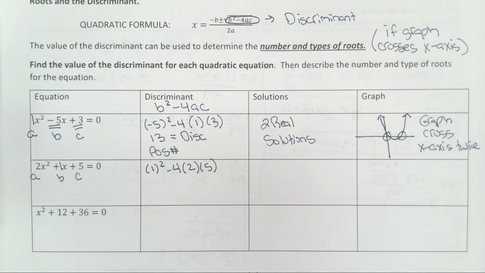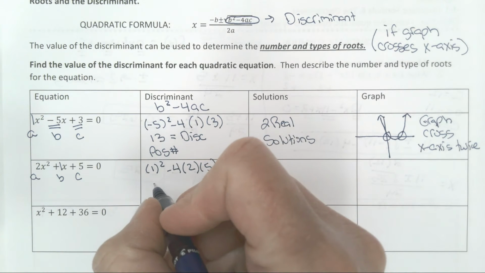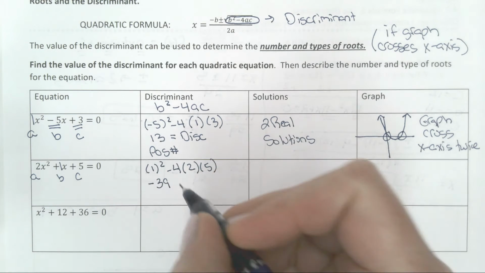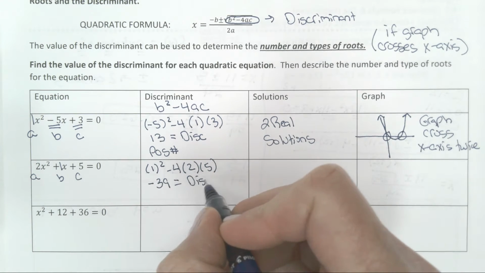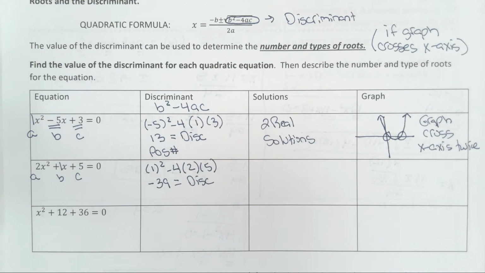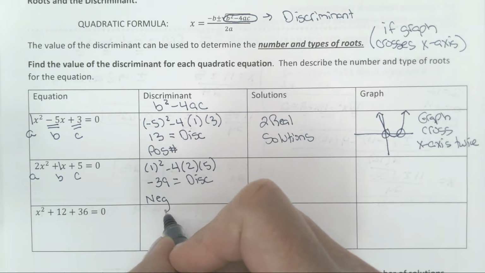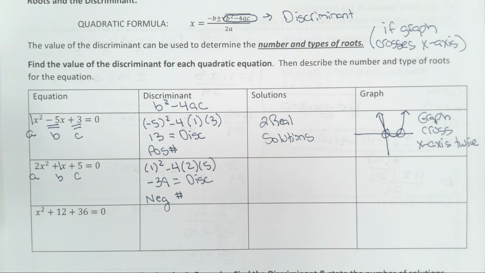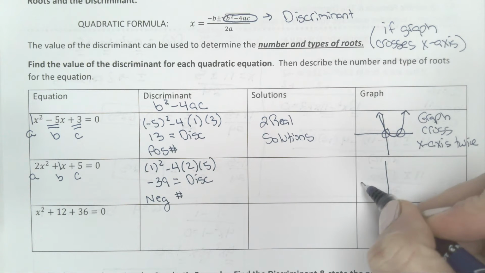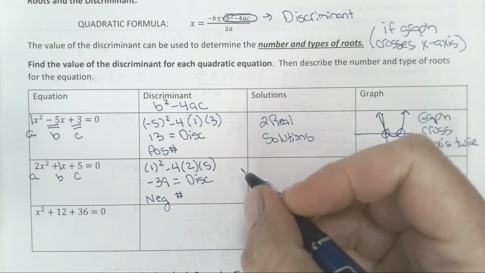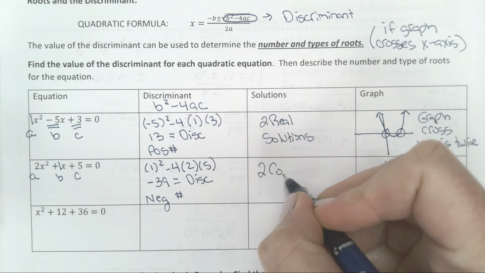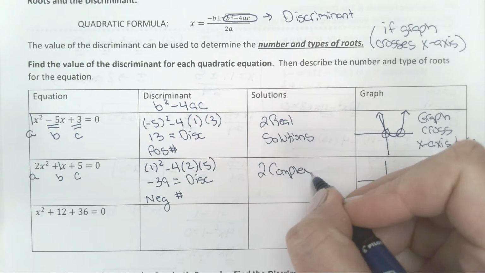I ran that in my calculator, and I got negative 39. Negative 39 is the discriminant. What you need to focus on is that that is a negative number. If that is a negative number, you get two complex solutions.